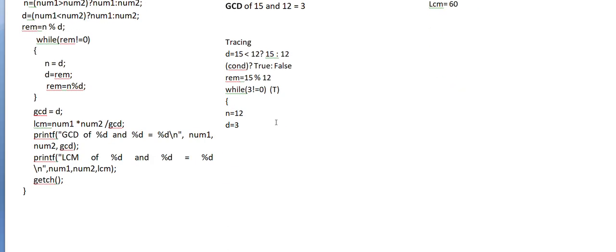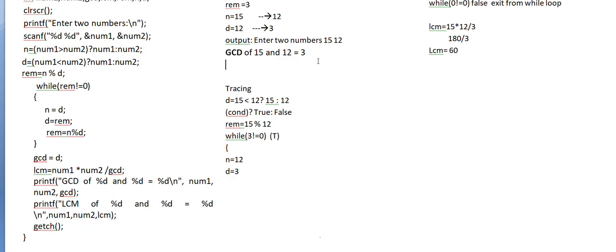Okay, next we have the LCM. To print the LCM, let's consider it will be displayed as LCM of percentage D. The first percentage D represents num1.